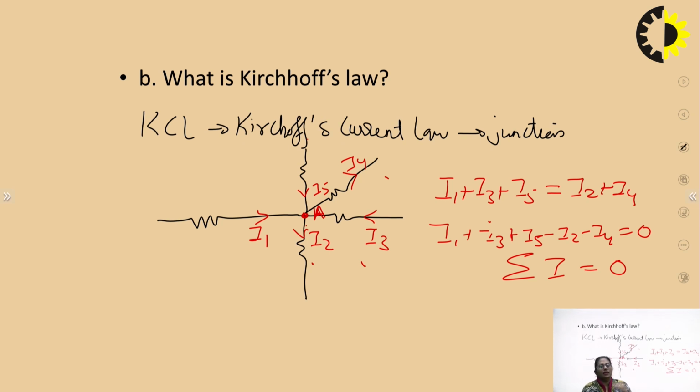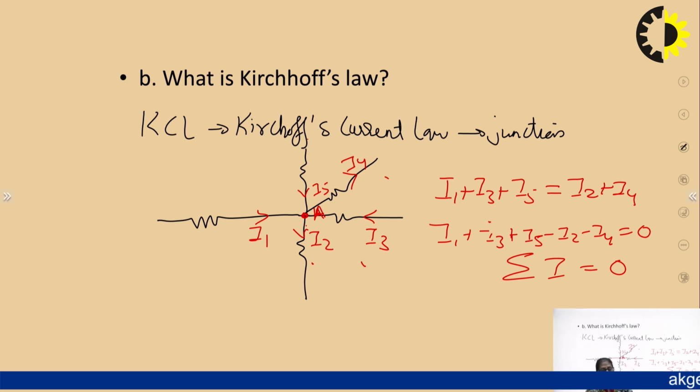Basically, let it be KVL or KCL, there are certain limitations to these laws. What are the limitations? These laws are applicable to linear circuits. They are applicable to lower frequency AC circuits, where the frequency is generally 50 hertz or lower.